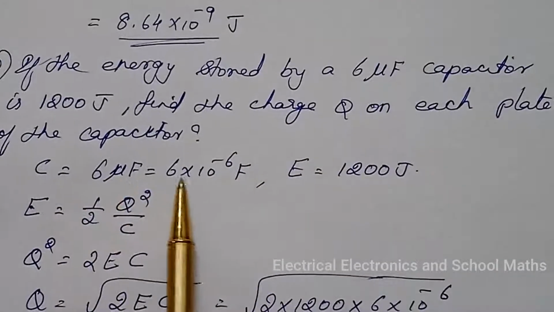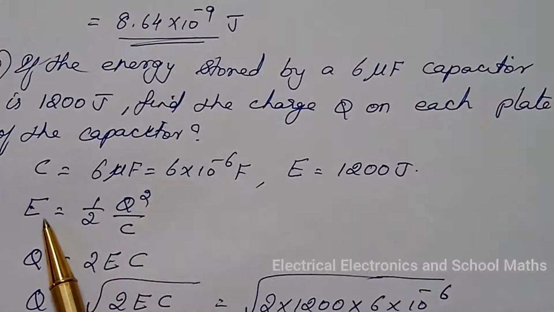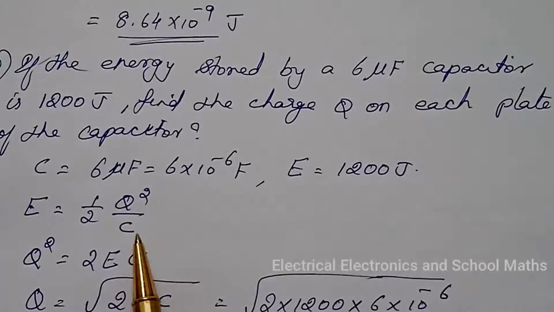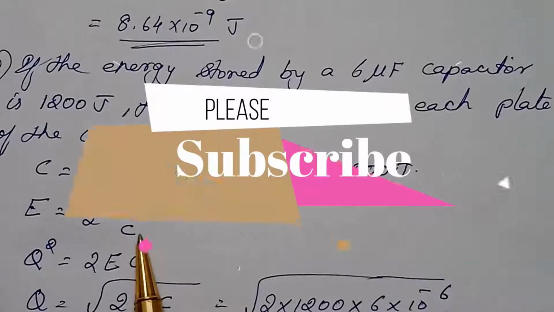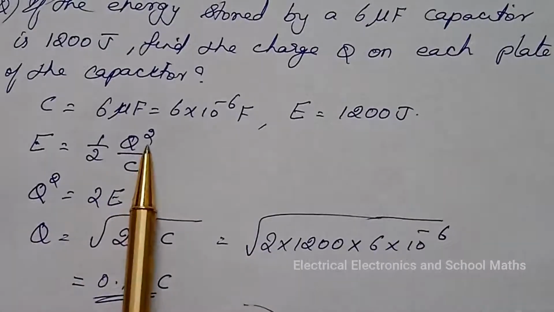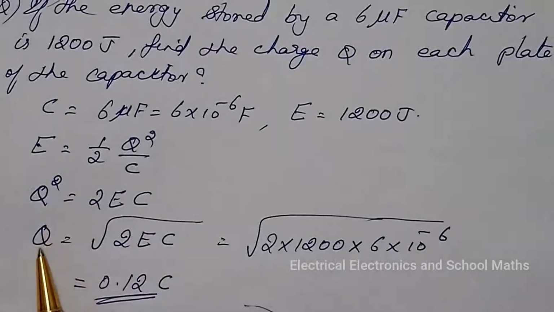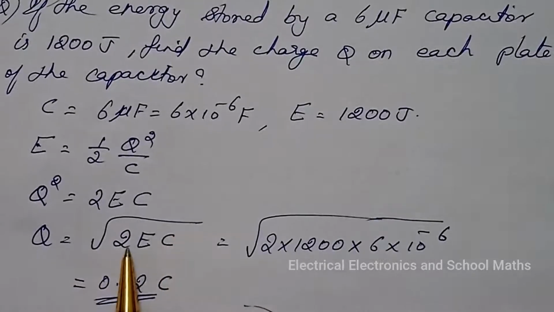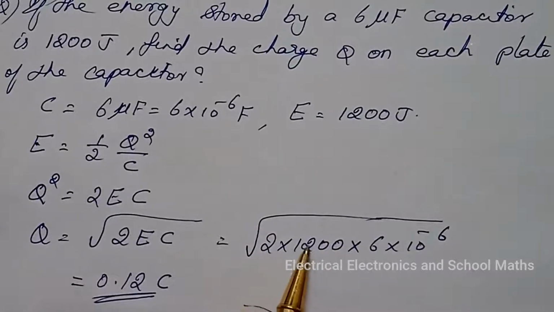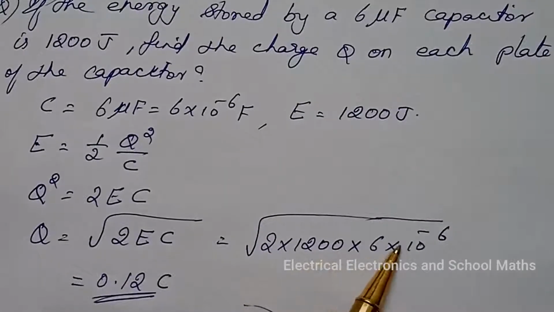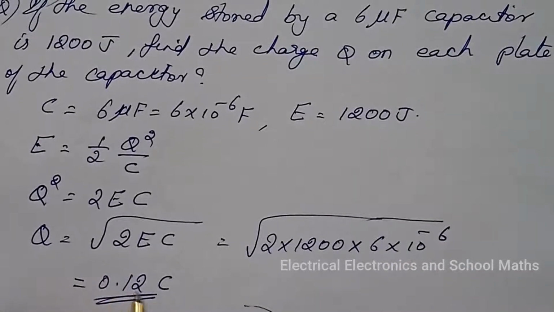Capacitance given is 6 into 10 raised to minus 6 farad, and we know the energy equation relating to charge and capacitance is E is equal to half Q square by C. From this, Q square equal to 2EC, and Q is equal to root of 2 into E into C, that is root of 2 into 1200 into 6 into 10 raised to minus 6, and we get the charge as 0.12 coulomb.